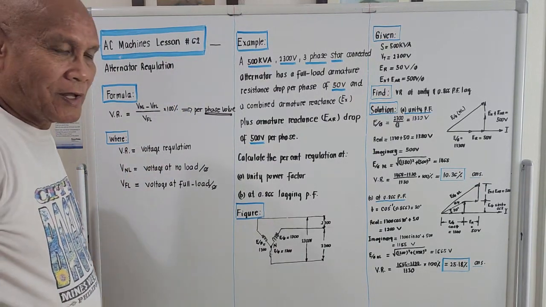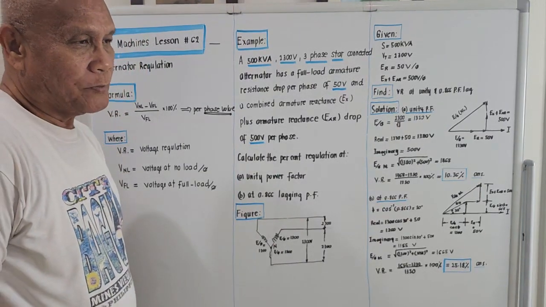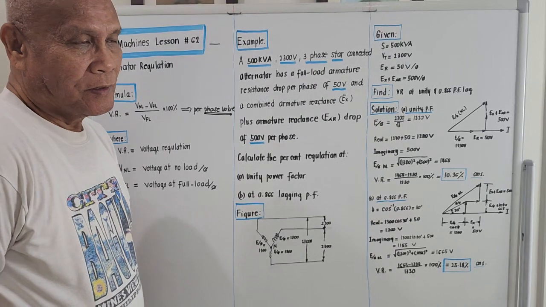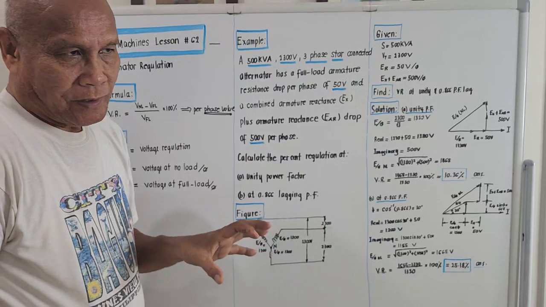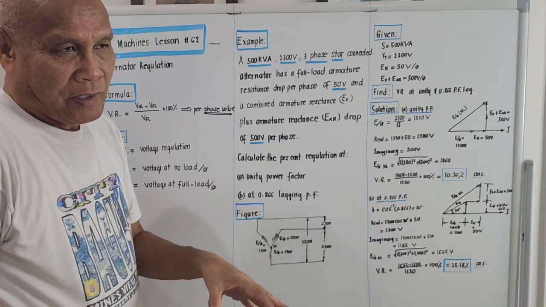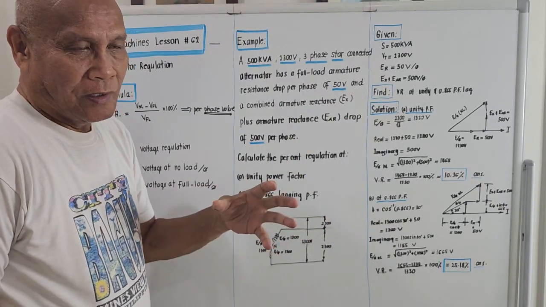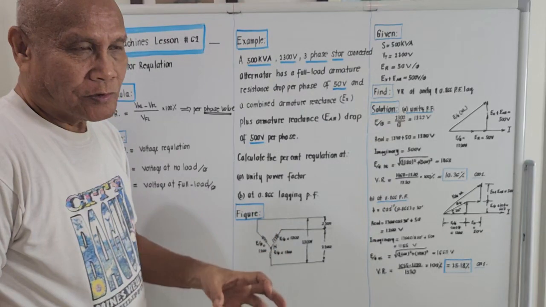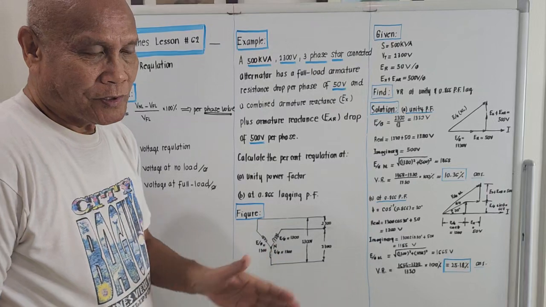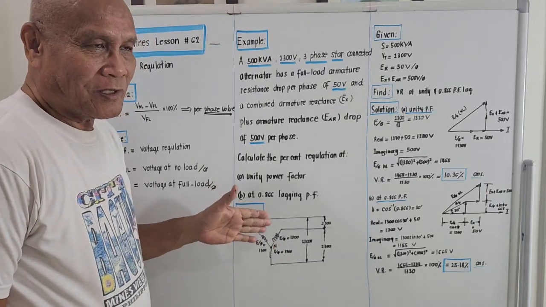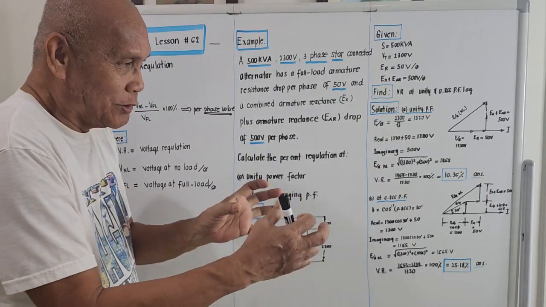This is under the study of AC circuit. In AC machines under transformer, the formula and how to compute for the voltage regulation is the same. And the procedure on how to compute for the vector sum of the voltages will still be the same, and we could use our knowledge of AC circuit, because the alternator is actually related to AC circuit. Whatever we do under the AC circuit, we could do on the alternator.